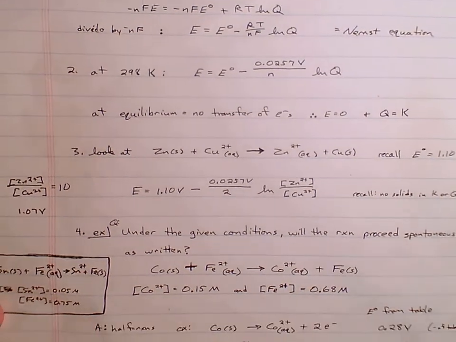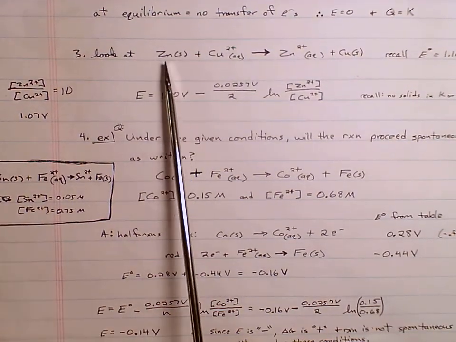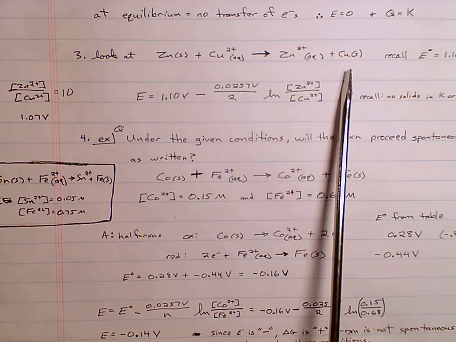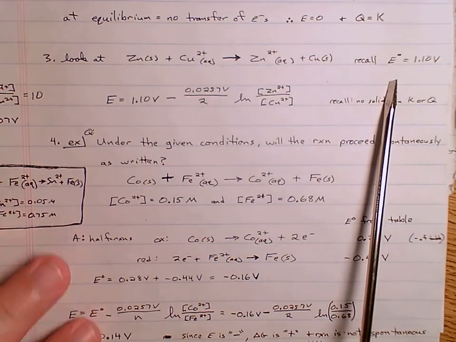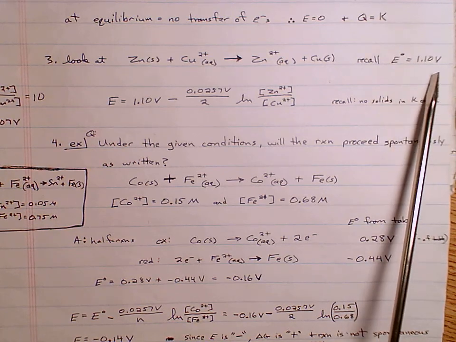Okay, so let's look at our reaction here. We've seen this before in our first cell, zinc solid plus copper 2 plus goes to zinc 2 plus plus copper solid. Recall that our potential for this cell under standard conditions was 1.10 volts.